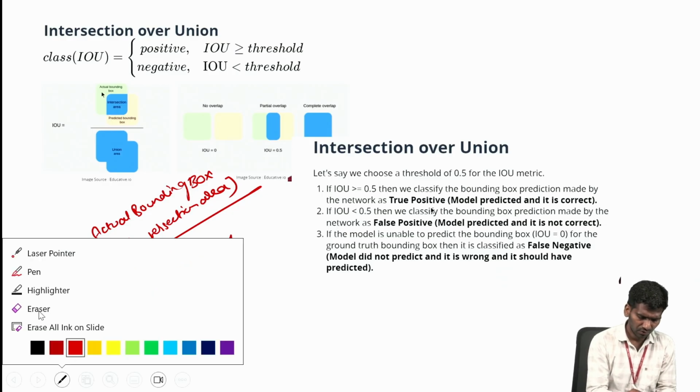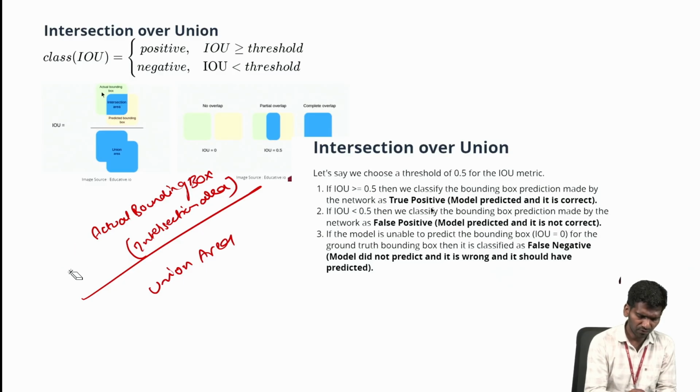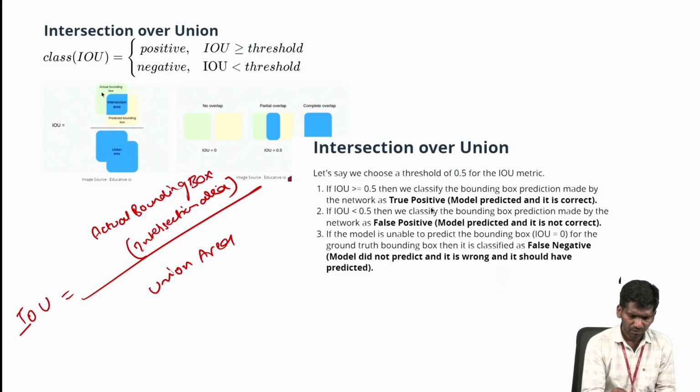This is the formula of intersection over union, IOU. This is calculated with the predicted bounding box. From the predicted bounding box we'll get this. We'll multiply these two and divide by the union area. This is the formula.